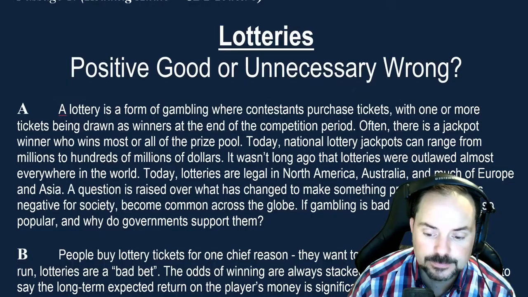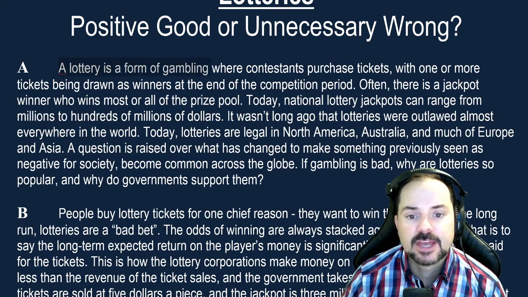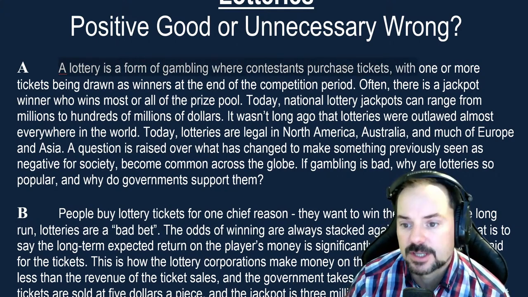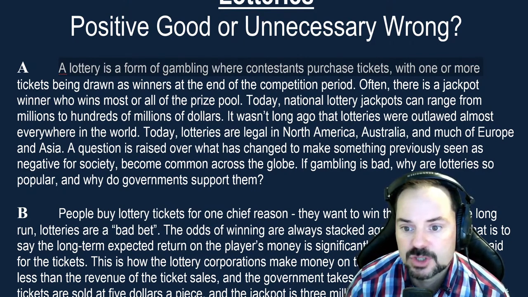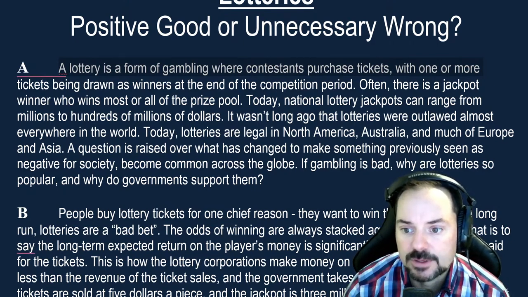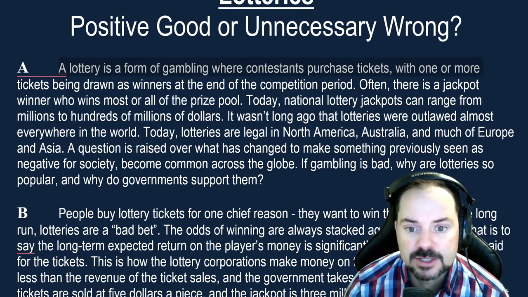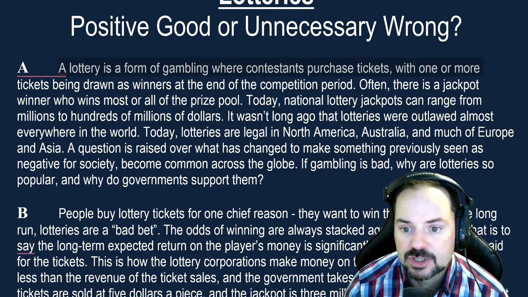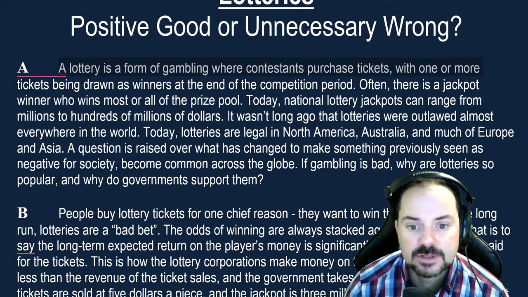Lotteries, positive good or unnecessary wrong? A lottery is a form of gambling where contestants purchase tickets, with one or more tickets being drawn as winners at the end of the competition period. Often, there is a jackpot winner who wins most or all of the prize pool. Today, national lottery jackpots can range from millions to hundreds of millions of dollars.